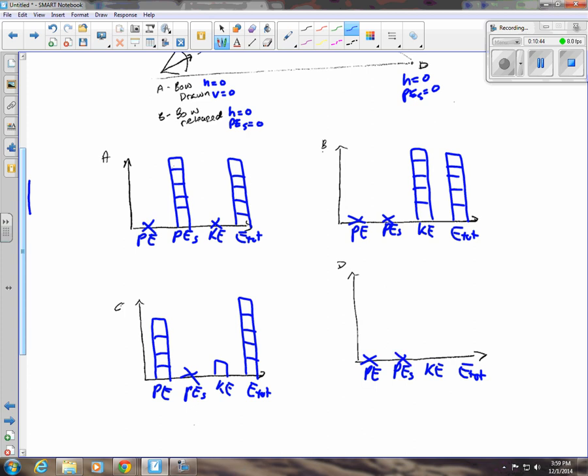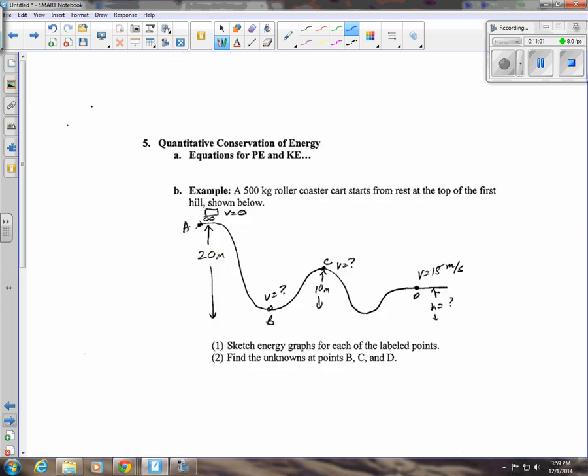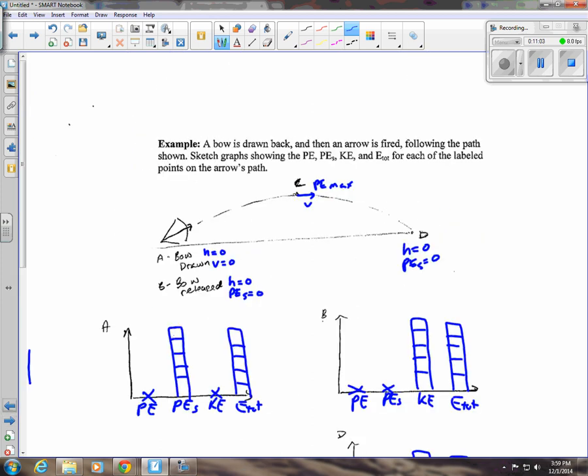We have no PES because the string is not taut anymore. We know we have 5 for total, and therefore the KE has to be 5. So that is one way to look at these problems, just doing qualitative analysis. And it's just so you're seeing where is the potential energy highest, where is the kinetic energy highest, when is potential turning into kinetic, and so on.